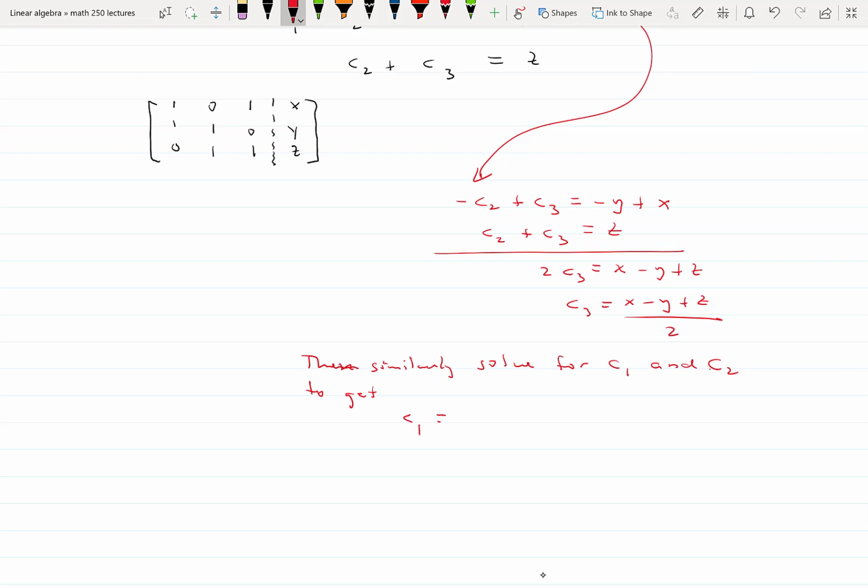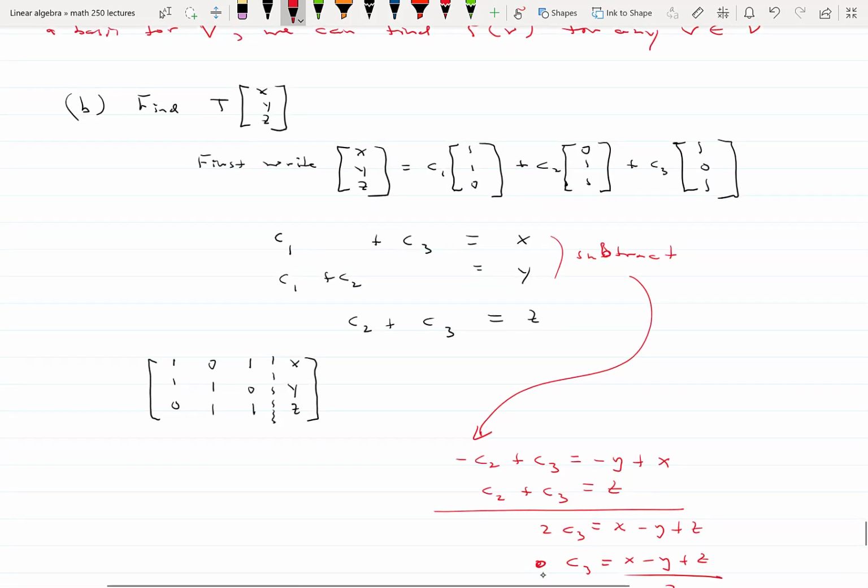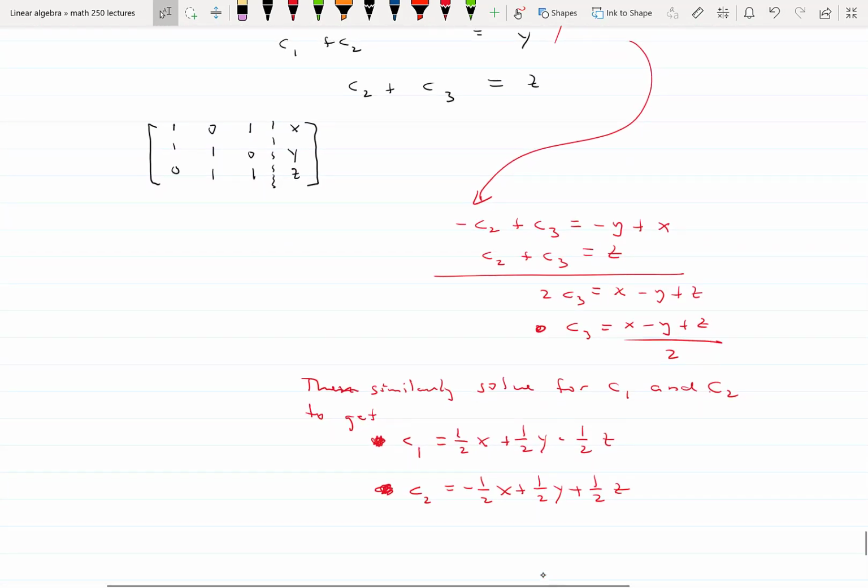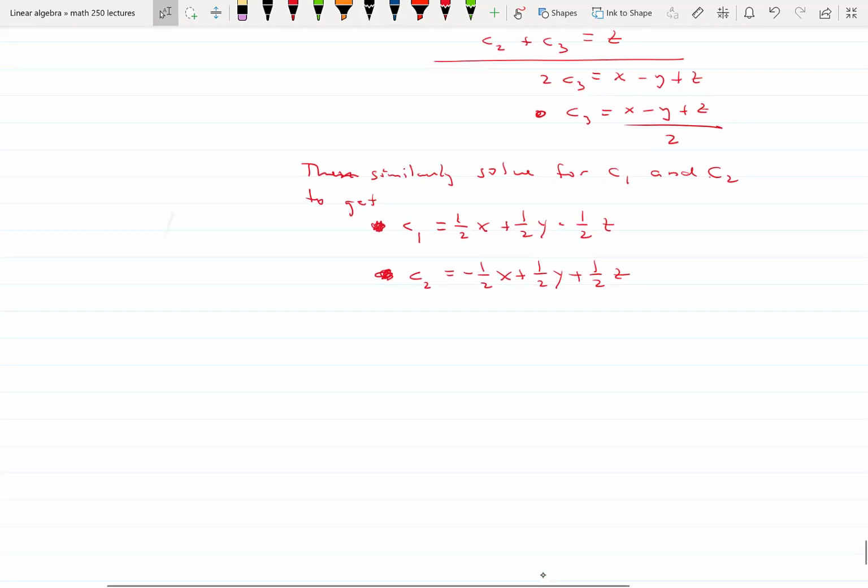C1 equals 1/2 x plus 1/2 y minus 1/2 z. And C2 is minus 1/2 x plus 1/2 y plus 1/2 z. So we've got C1, C2, and C3, and that would pretty much get us moving.